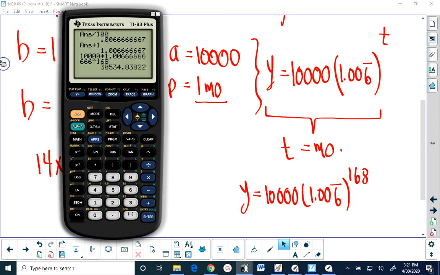And you end up with $30,534, which is the largest balance between Jerry, Elaine, and Kramer.